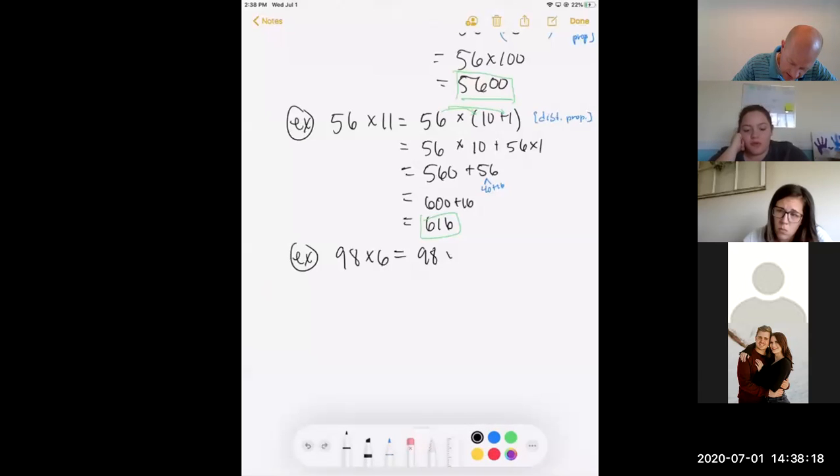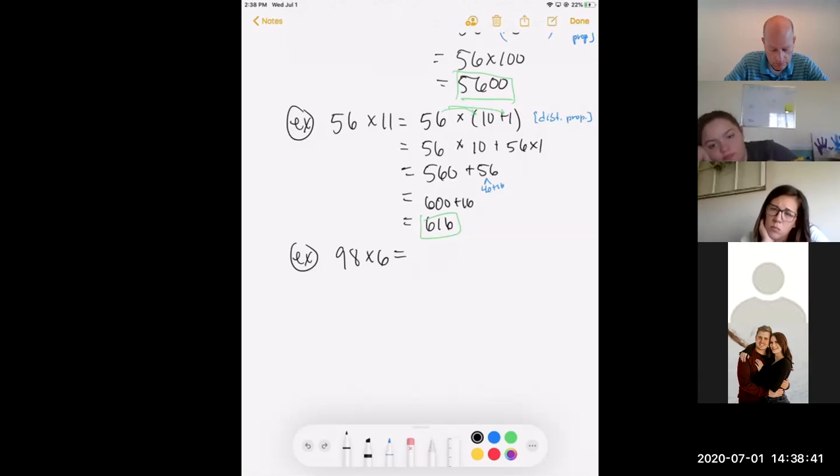So if you divide the 6 by 2, then you have to multiply the 98 by 2. Or you can divide the 98 by 2 and multiply the 6 by 2. So one is divided by 2, one's multiplied by 2. So which one did you want?